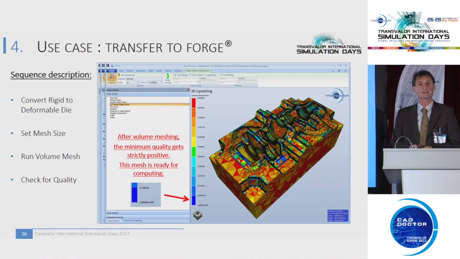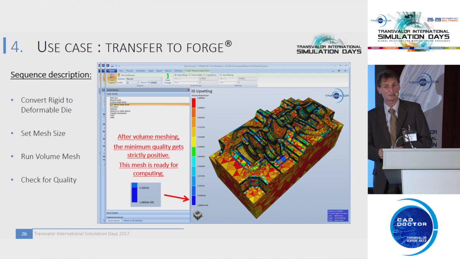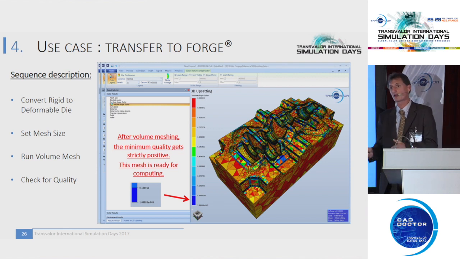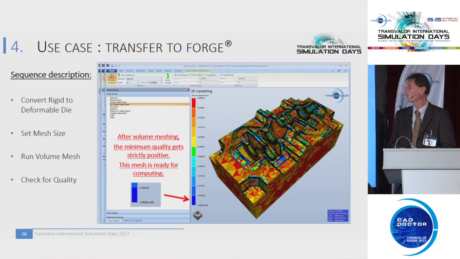And those of you who are familiar with that, when we are checking for the volume quality, we need to make sure that the minimum quality is positive. That means that we have a good quality of element. And this is the case in this situation. So we have been able to clean up completely the geometry to produce a surface mesh without any folds, without any holes, and then to go further for a volumic mesh for this tooling with a good quality.